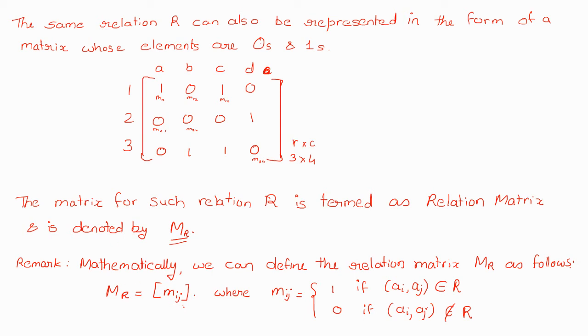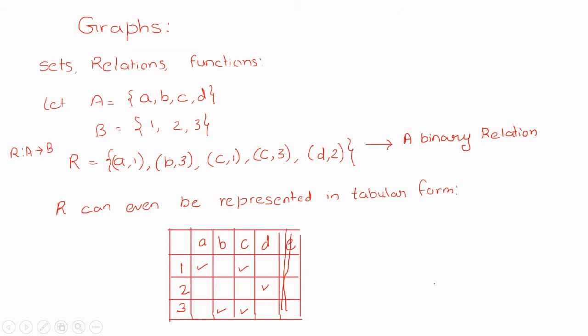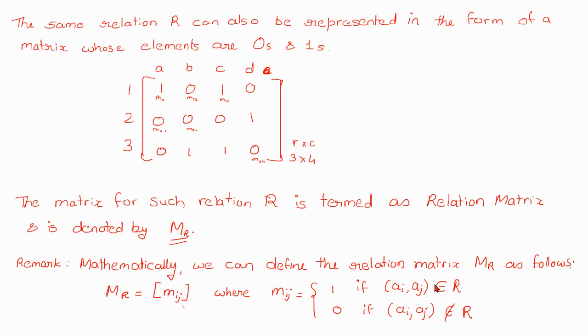Now this Mij is equal to 1 if Ai comma Aj belongs to R, and 0 if Ai comma Aj does not belong to R. This R is the relation which we saw here. Now in this case, what is our Ai comma Aj, that is the first case.